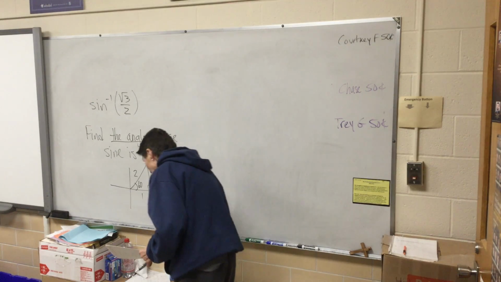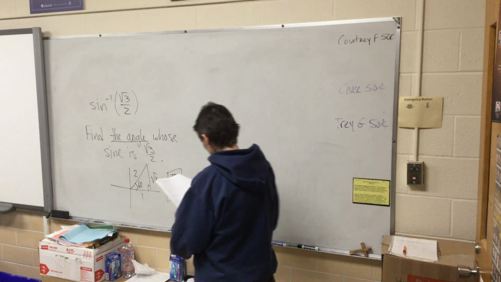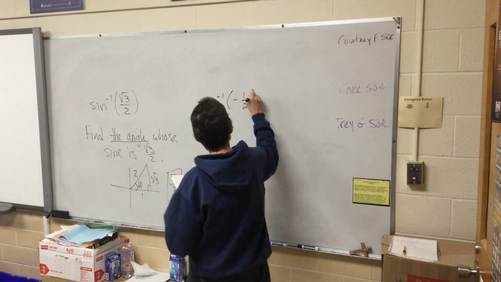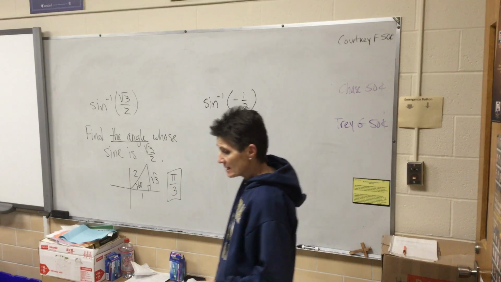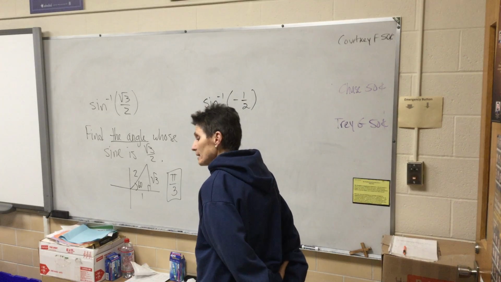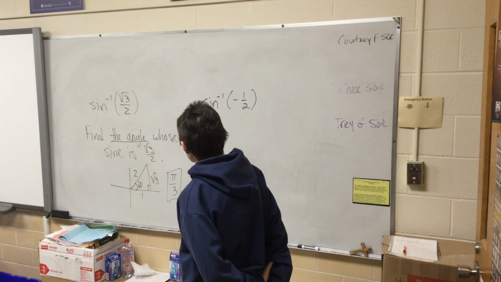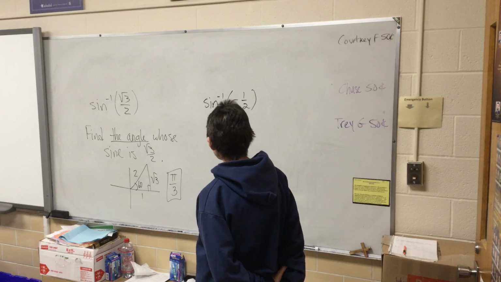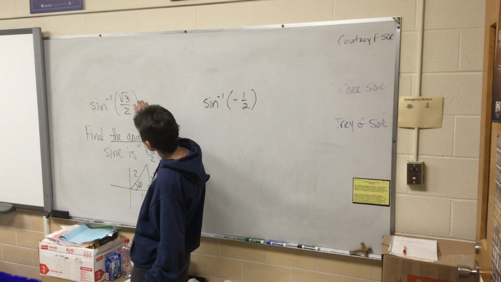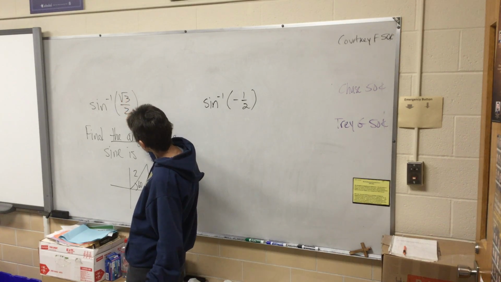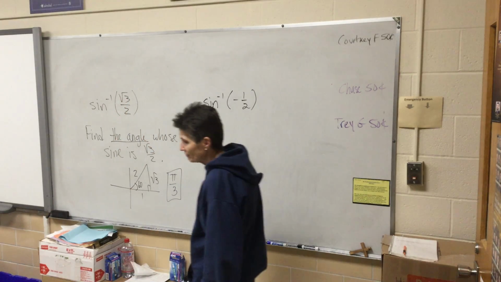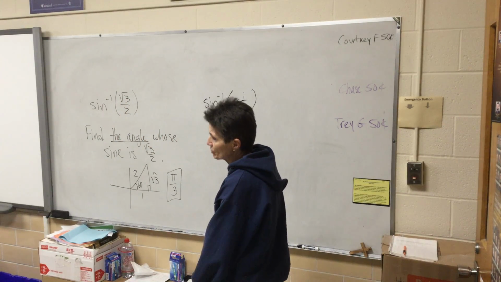Now, the very next question is pretty much the same, only the number is negative. See that? This says find the angle whose sine is -1/2. So I need you to write something down now. As long as the number here, right here where I'm pointing, as long as that's positive, you're always going to draw your picture in quadrant 1.